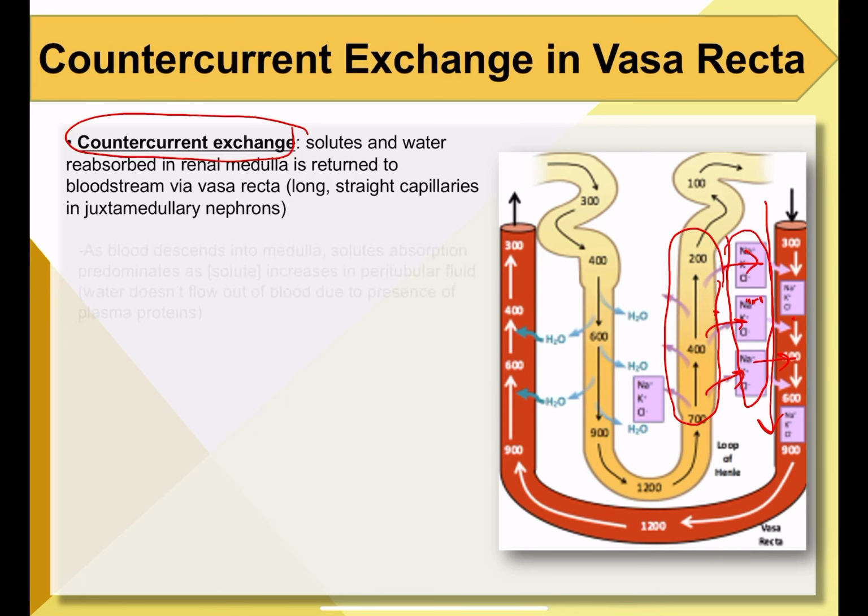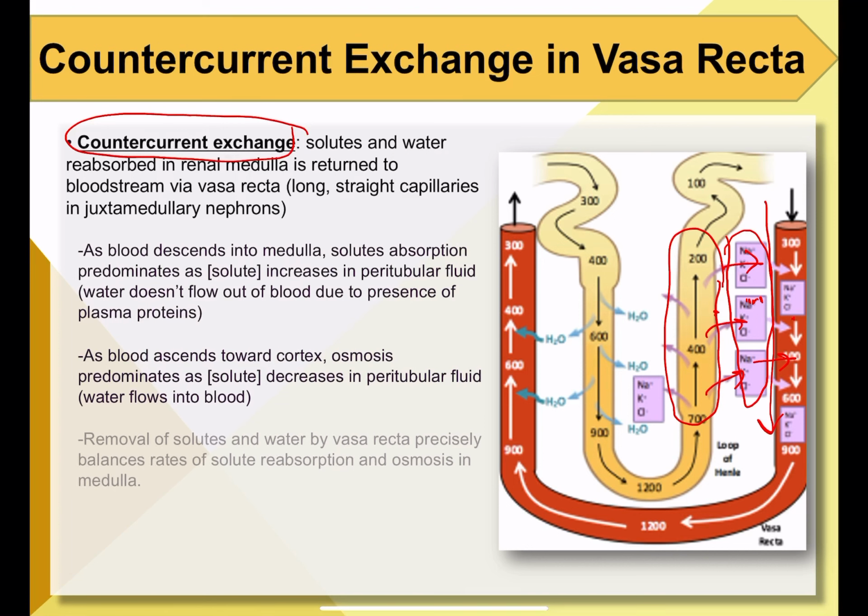when your blood starts ascending towards the cortex area, okay, so now it goes up into your cortex area. See how your urine moves this way, but your blood moves the other way around, okay? So when your blood gets to this side, trying to ascend into your renal cortex area, remember this side of the loop of Henle is only permeable to water, but not permeable to salts.